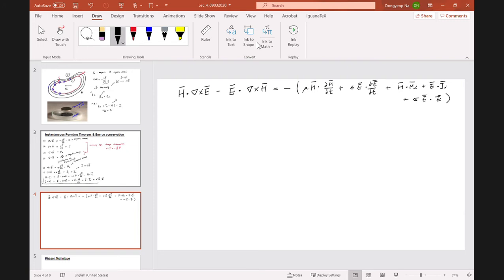It looks very complicated, but we just subtract the lower equation from the upper equation.